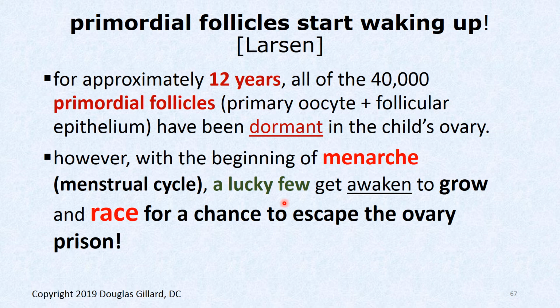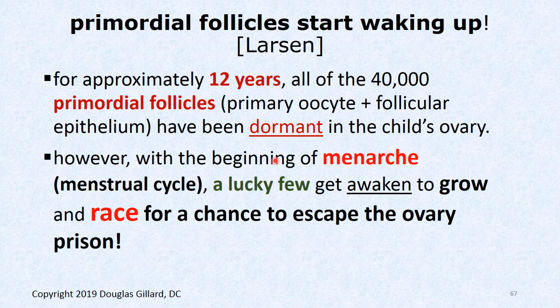In fact, when menarche starts, a lucky few of these are actually awoken, and not all of them, just a tiny, like 50 of them at the most. They're woken up, and then one of them, usually one of them, sometimes two, has a chance to escape the ovary prison.